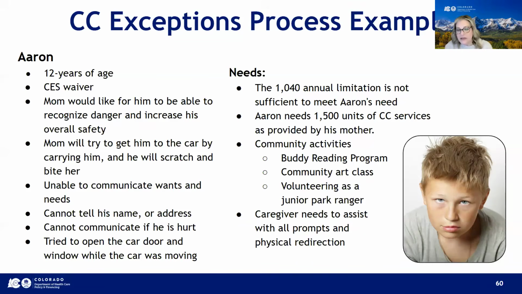Community activities include weekly trips to his buddy reading program at the library, weekly community art classes, and weekly volunteering as a junior park ranger, all places where he can be actively interacting with community members. He needs assistance with all of his prompts and physical redirection to ensure safety of himself, property, and others. And at 12, this is beyond what's age appropriate for a 12-year-old.